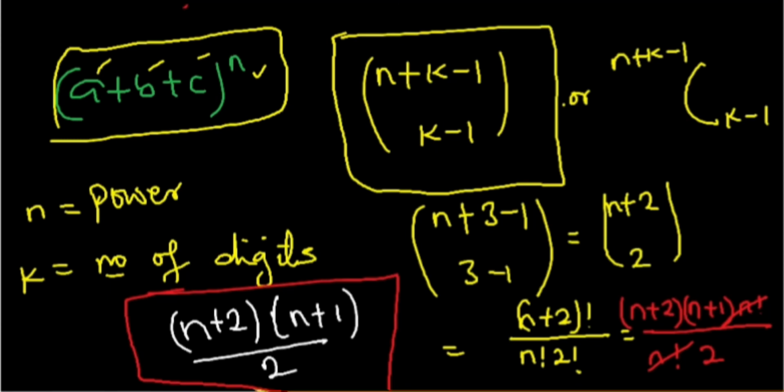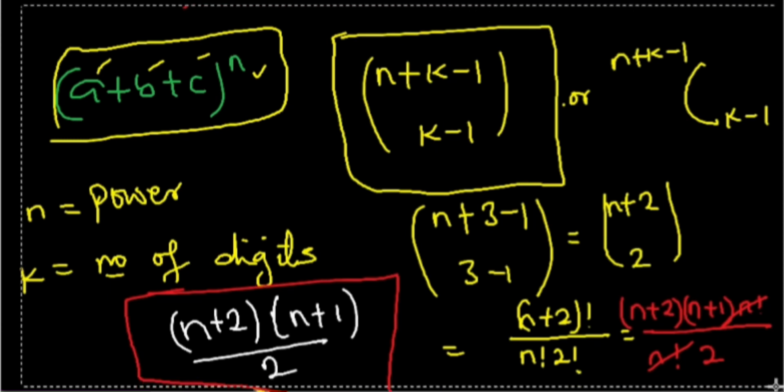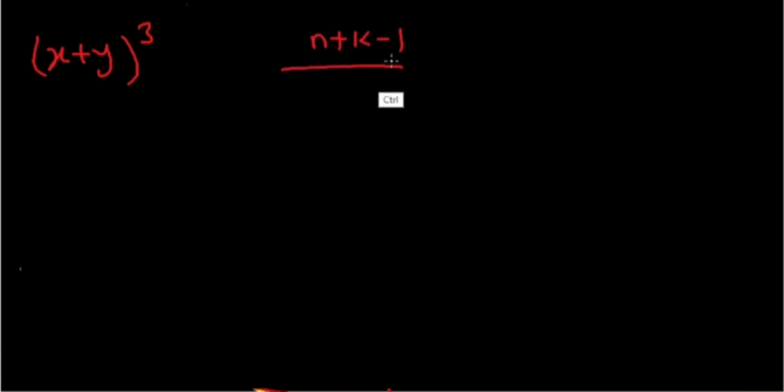Let's take an example to buttress this. Suppose we are given an example to find the number of terms in x plus y raised to power 3. So our general formula is what again? Our general formula is n plus k minus 1 combination k minus 1.